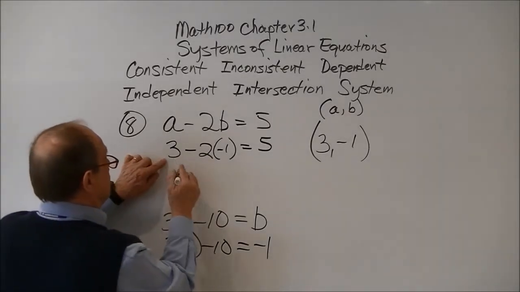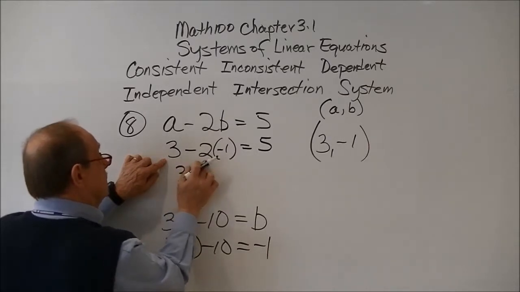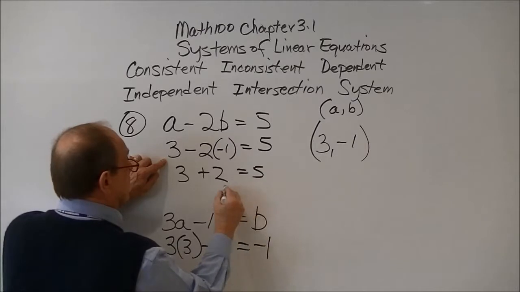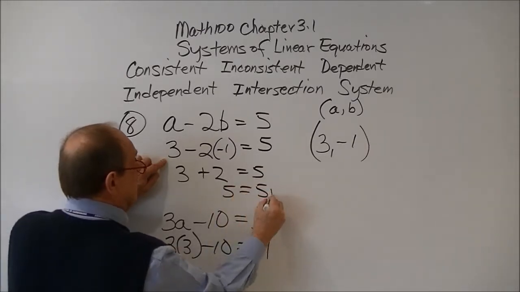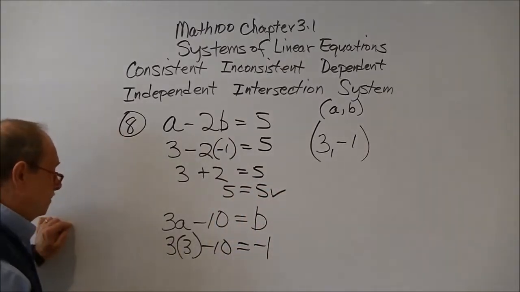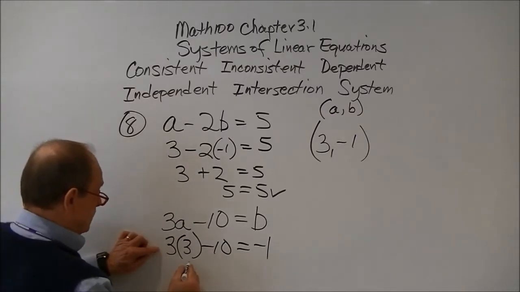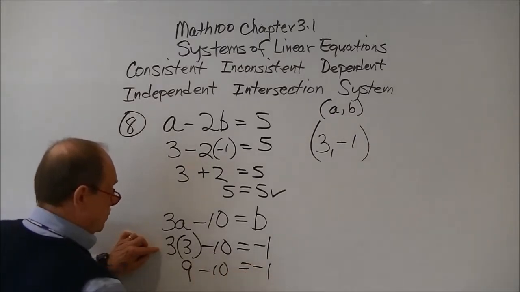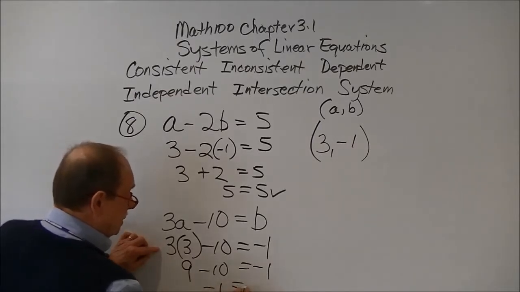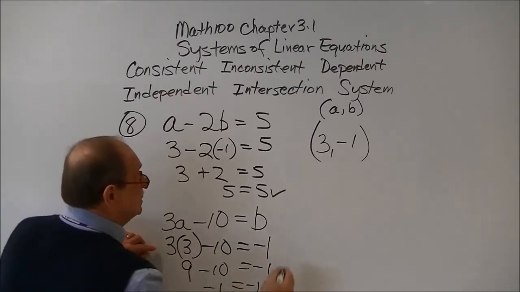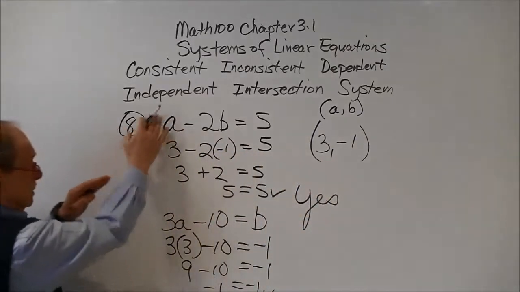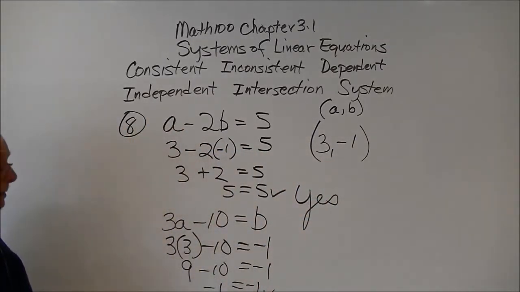So this becomes 3, negative 2 times negative 1 is plus 2, 5 equals 5, that checks. And this is 9 minus 10 equals negative 1. Negative 1 equals negative 1. This checks, so this is a point of intersection for these two lines.